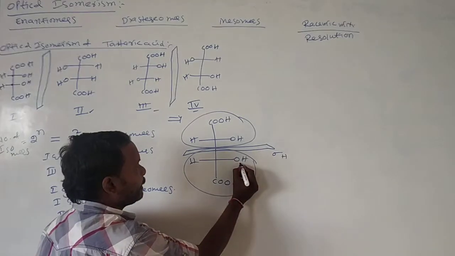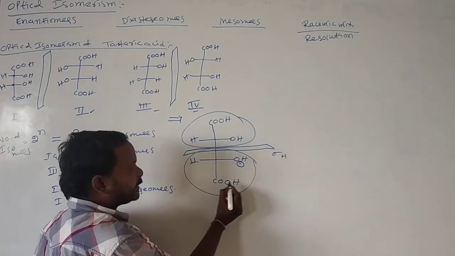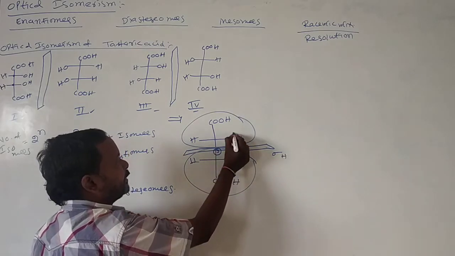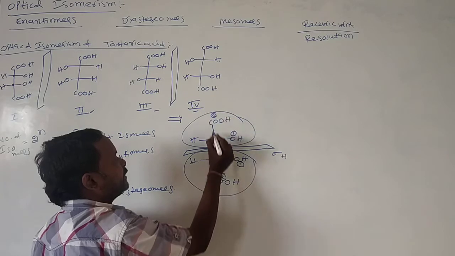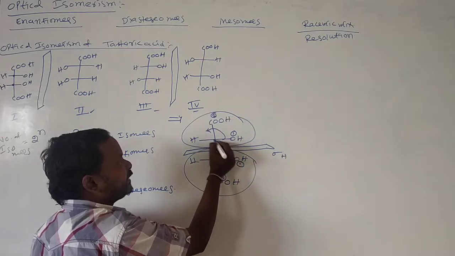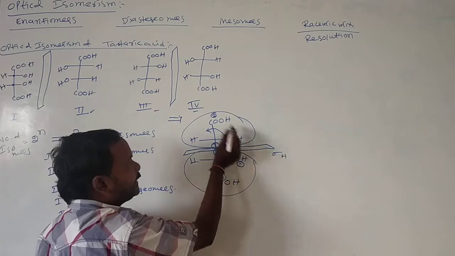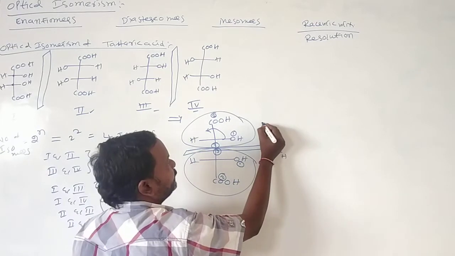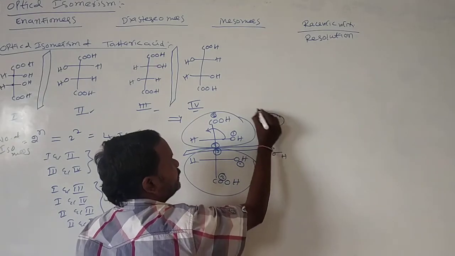See, first priority, second priority, this is the third priority. Here first priority, second priority, this is the third priority. Priority groups, first and second priority, are present in the anti-clockwise direction. Anti-clockwise direction means here I am taking negative, levo.